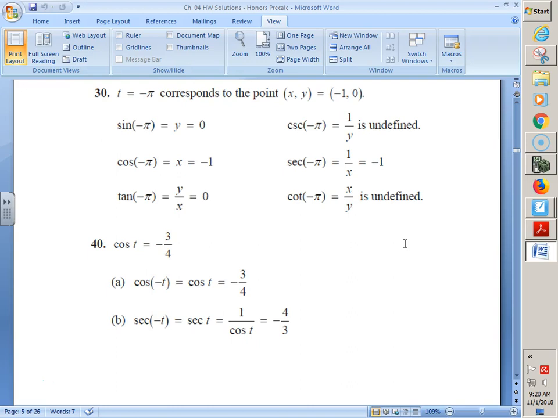So the same way that cosine stays the same, secant's going to stay the same, because if it's 1 over cosine, then the cosine stays the same. So it'd be 1 over negative 3/4, which flips to be negative 4/3. Secant is the reciprocal of cosine, which we saw in our formulas by cosine being x and secant being 1 over x. But you had to use that even odd property or else you would have been a little bit lost.